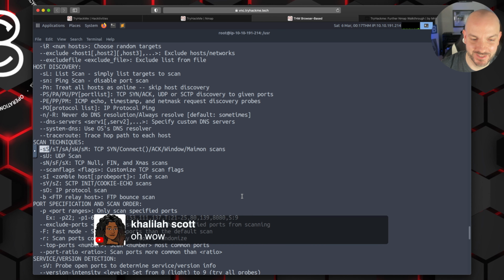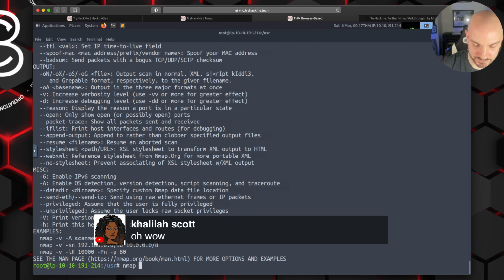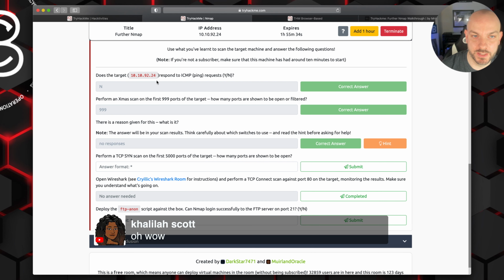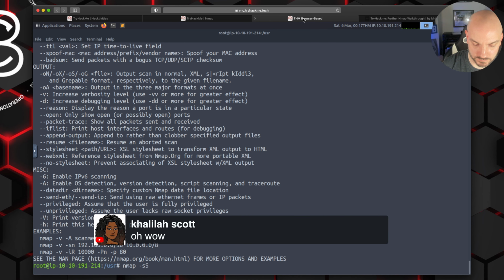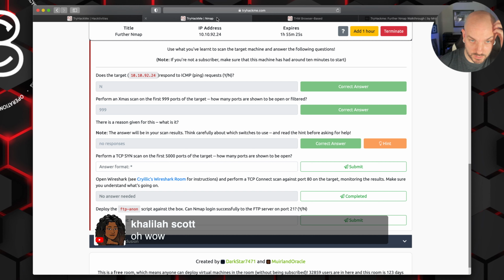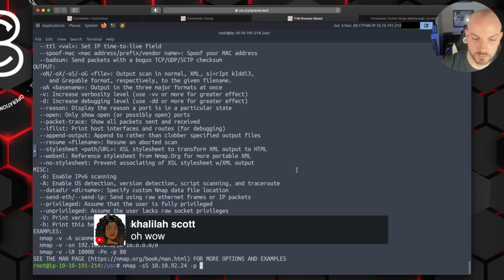no bueno. All right, so that was Nmap. And that was lowercase s, SYN, the IP address, 10.10.92.24. And what were the ports that it wanted us to do? The first 5,000 ports of the target. 0 through 4999.